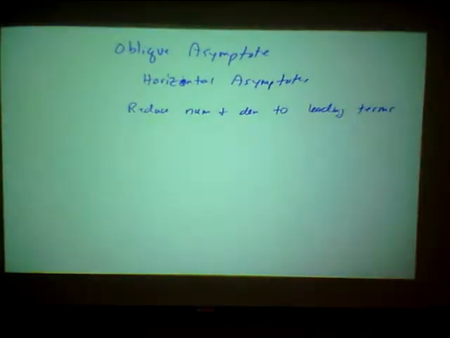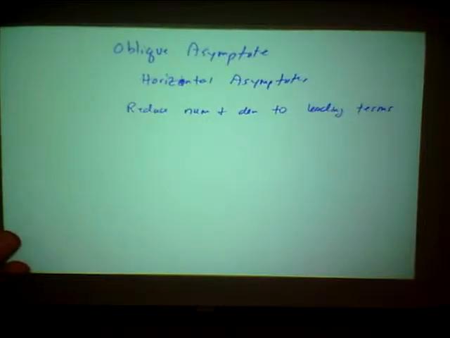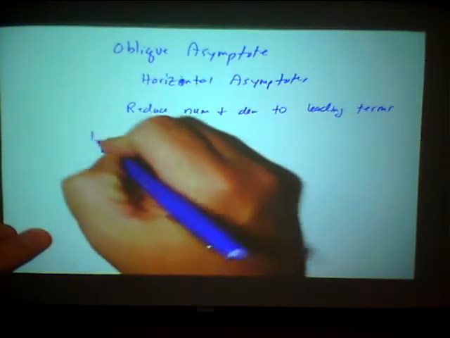In other words, you just keep the two terms with the largest exponent on the variable and throw everything else away, and then you compare those two leading terms. And we found out there's three possibilities.